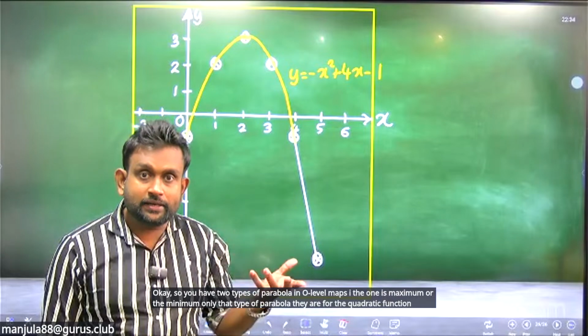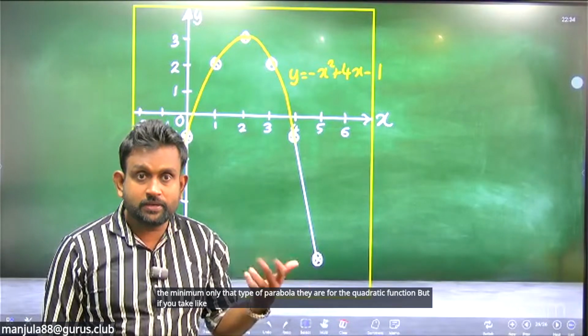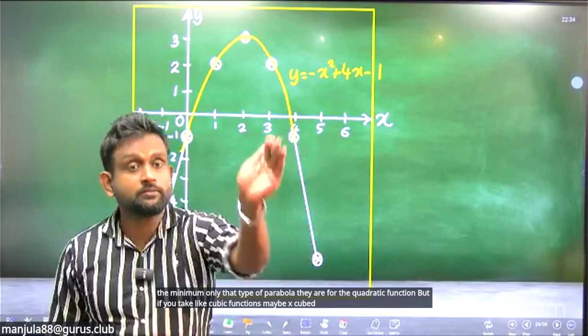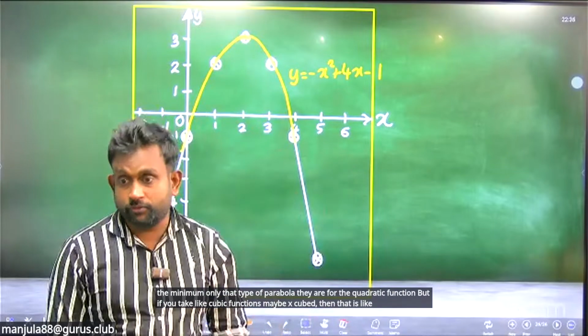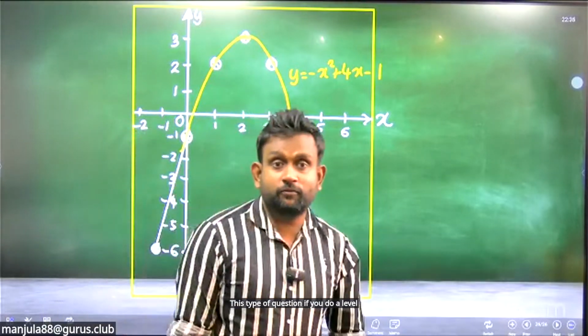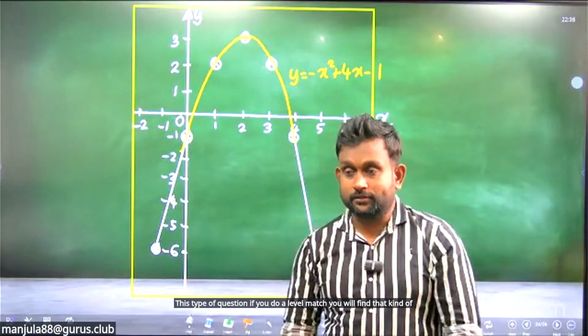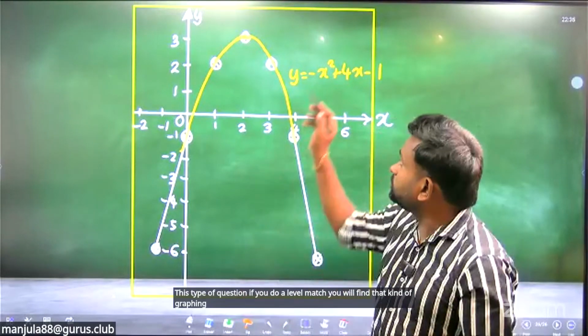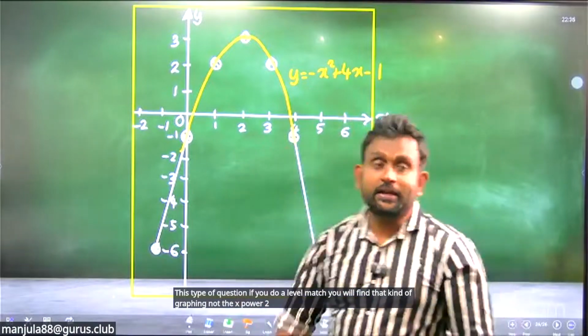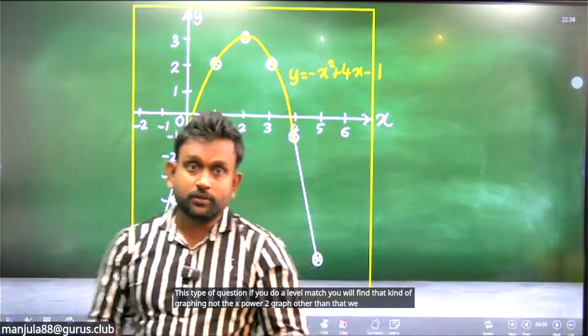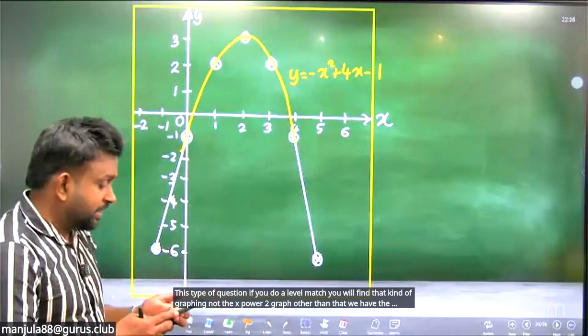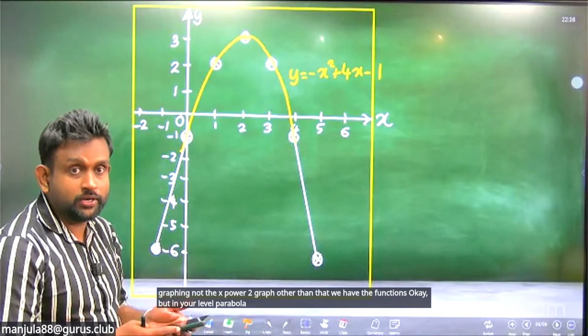If you take cubic functions, maybe x cubed, that is a different type of question. If you do A-level maths, you will find that kind of graphing, not the x power 2 graph. But at your level, a parabola is either maximum or minimum only.